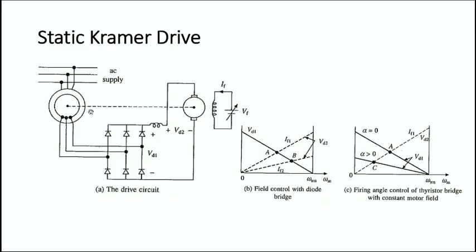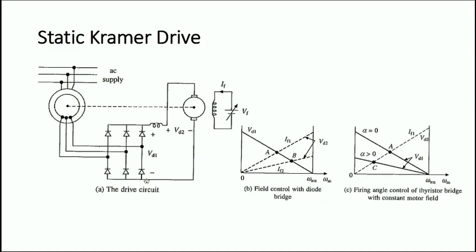This dotted line represents the mechanical connection between the rotor of the induction motor and the rotor of the DC motor. Here the rotor is the armature, and here the rotor is your wound rotor. So this is the basic structure of the static Kramer drive.